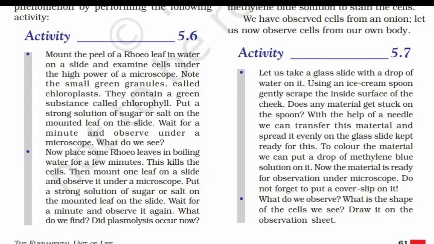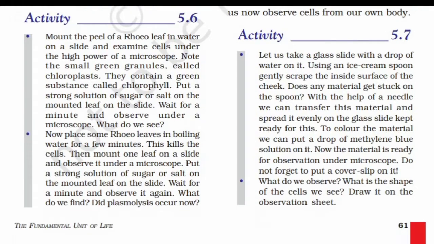What do we see? Now place some Rhoeo leaves in boiling water for a few minutes. This kills the cells. Then mount one leaf on a slide and observe it under a microscope. Put a strong solution of sugar or salt on the mounted leaf on the slide. Wait for a minute and observe it again. What do we find? Did plasmolysis occur?